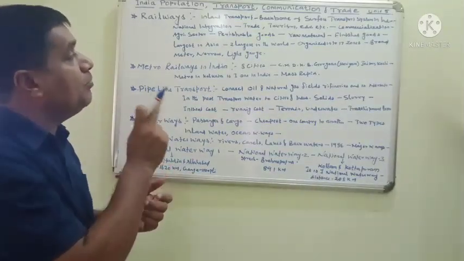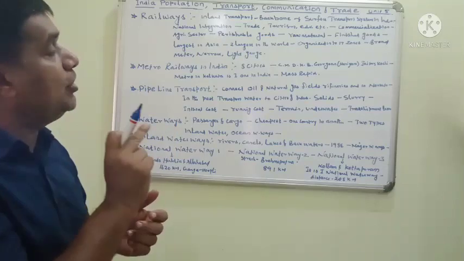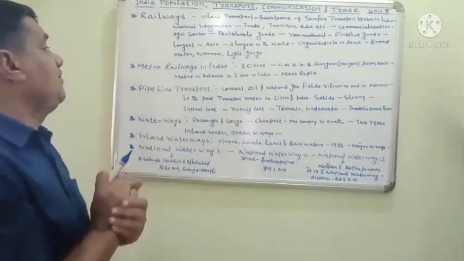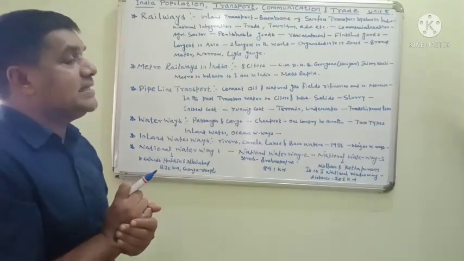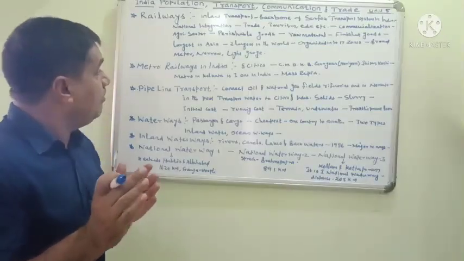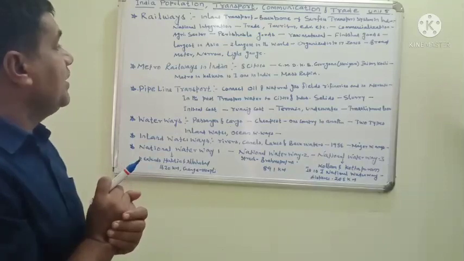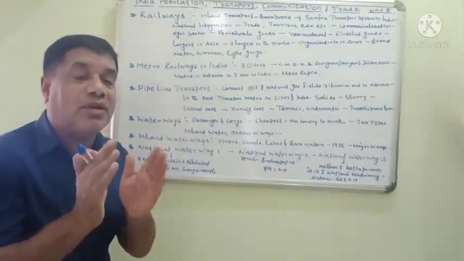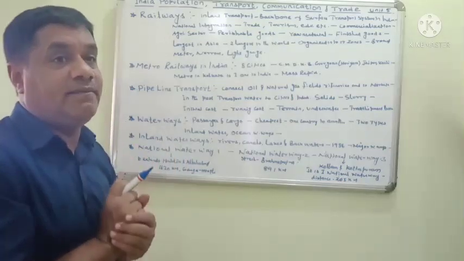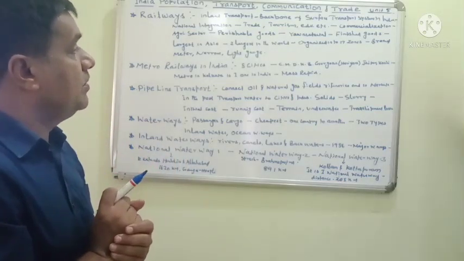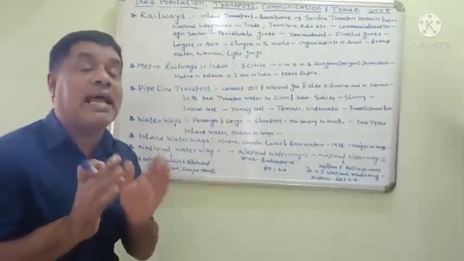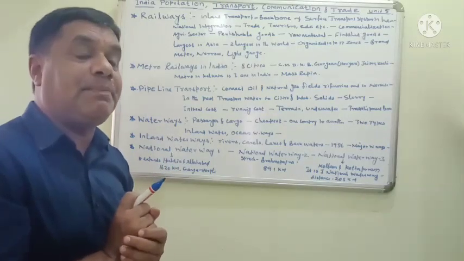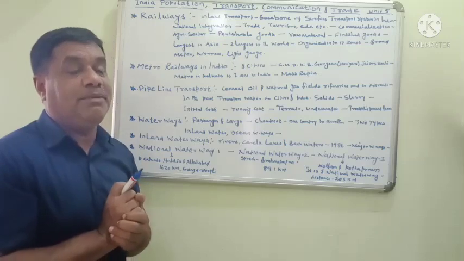The metro railway in Kolkata is the first one in India. The first metro railway was started in Kolkata. And it is one of the most rapid systems in our country. Rapid means a very fast metro train.